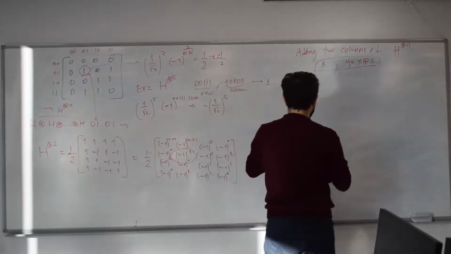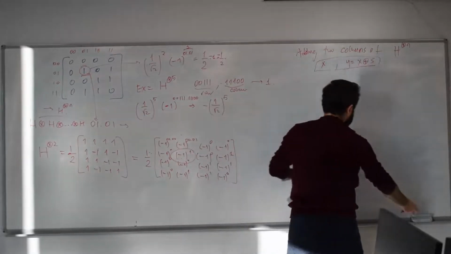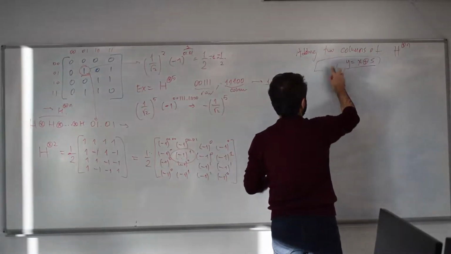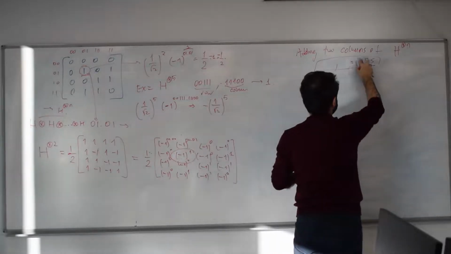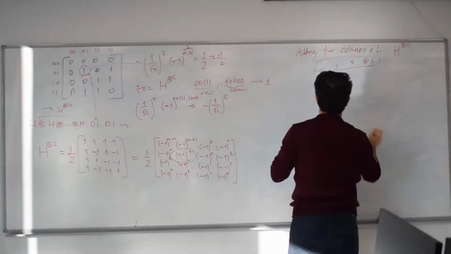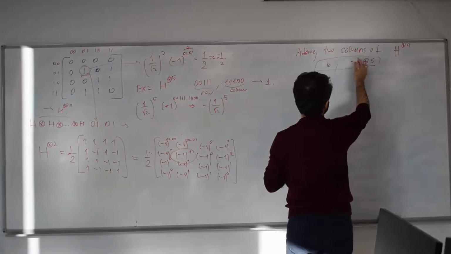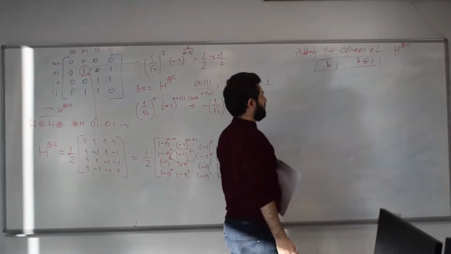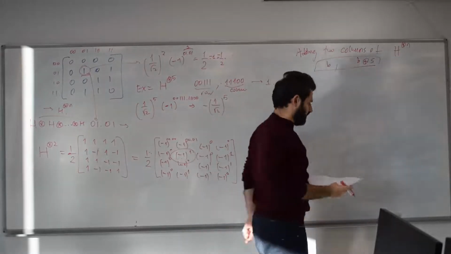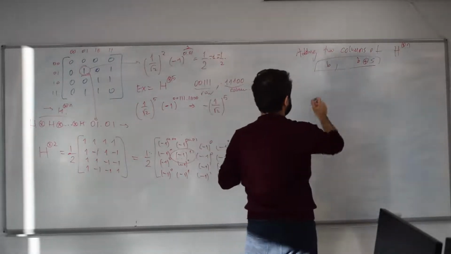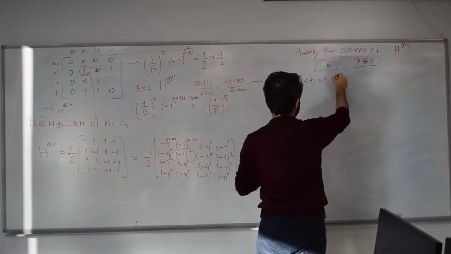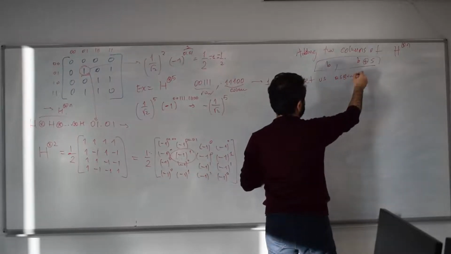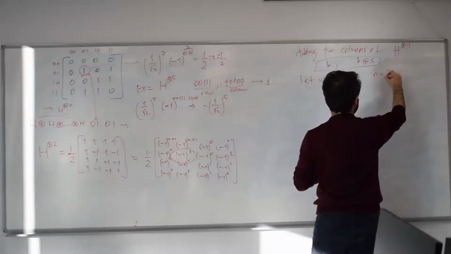Okay, so now, since I use X and Y in different places, I'm going to just change this to B, say, and B XOR S. Okay, I don't need to call it another thing. So this is B and B XOR S. Okay, now let us just illustrate what I mean by that. Let us assume, as we always do, simple case, n equals 2.